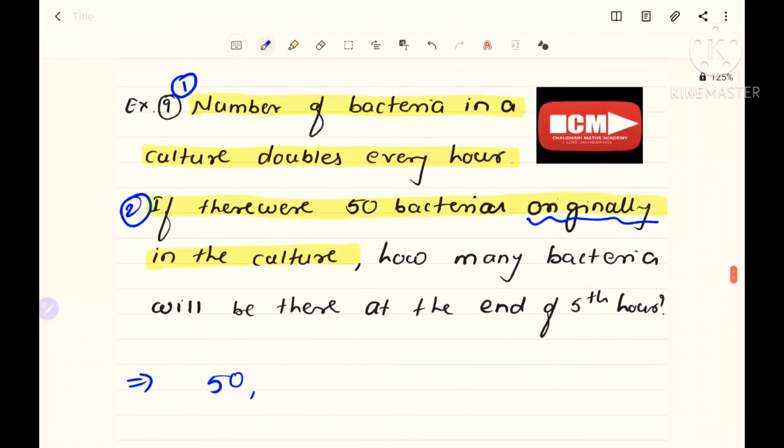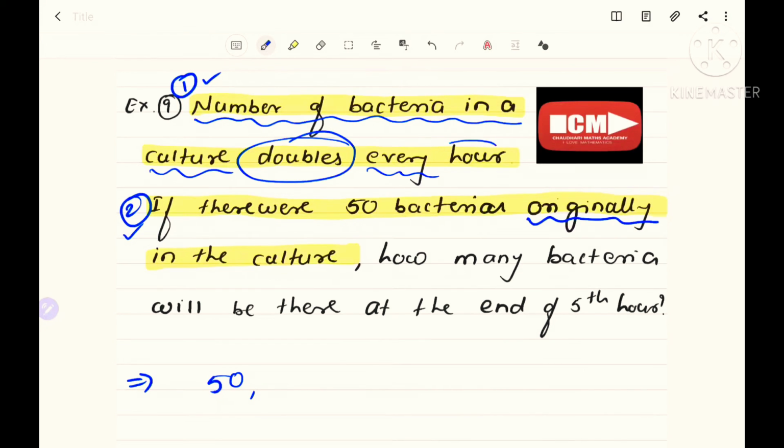And this is the meaning of sentence 2. And what is the meaning of 1? Number of bacteria in a culture doubles every hour.